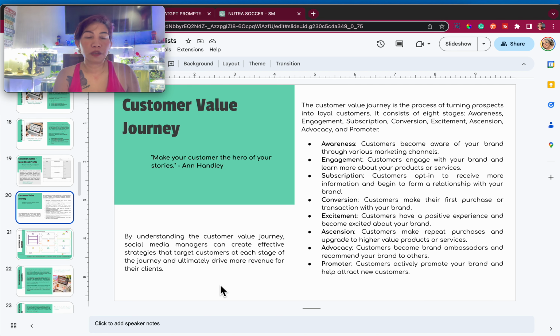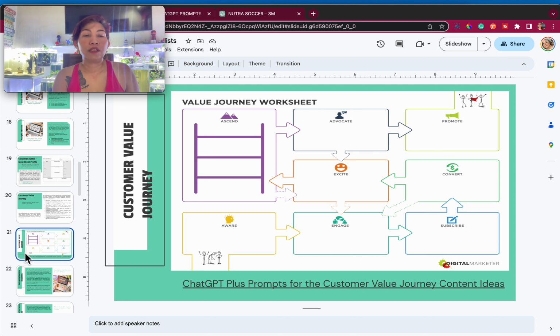That's what social media marketing is about. Actually, that's what all digital marketing is about. So again, you want them to be aware of the business, the brand. While we do our social media marketing, our goal in the posts that we do for the client is to make their customers aware of the business. We want to catch their attention. We want to grab their attention. And then we want to engage them. We want them to subscribe. And then we convert them. And we continue to engage them. And we want to excite them.